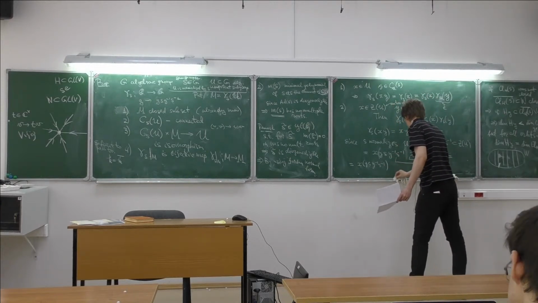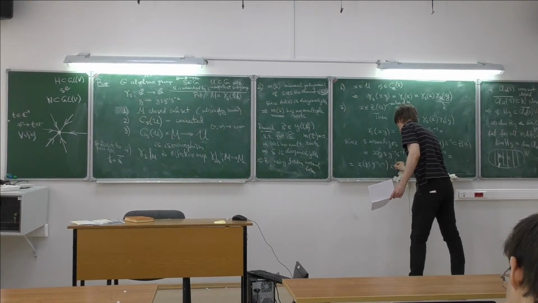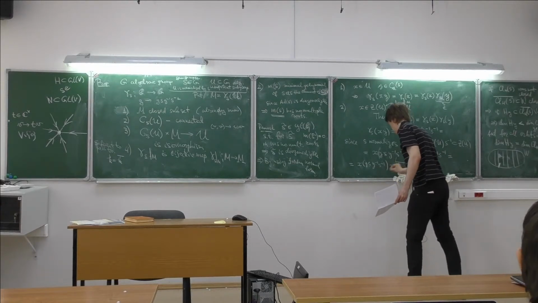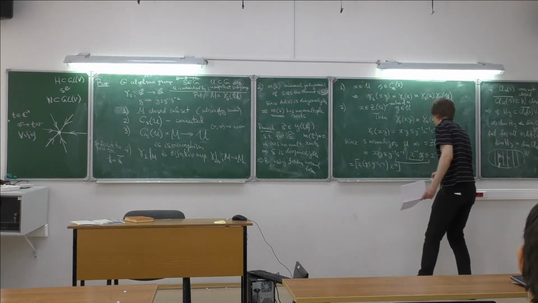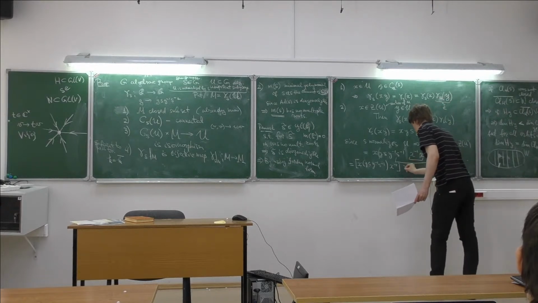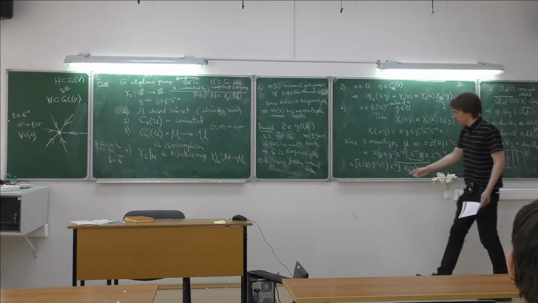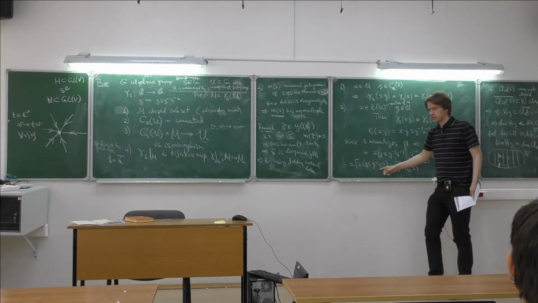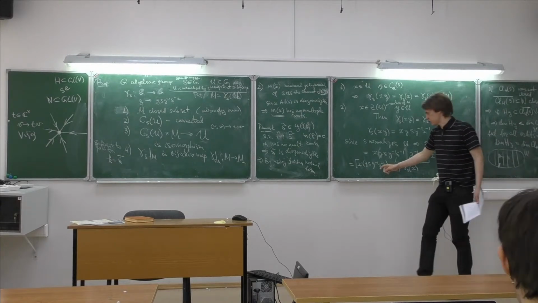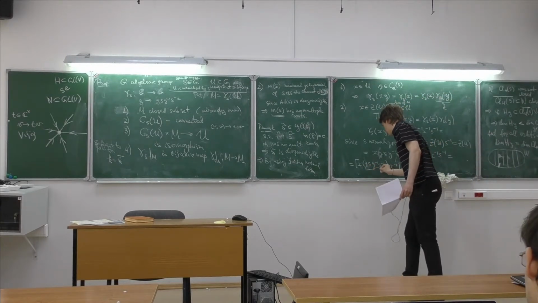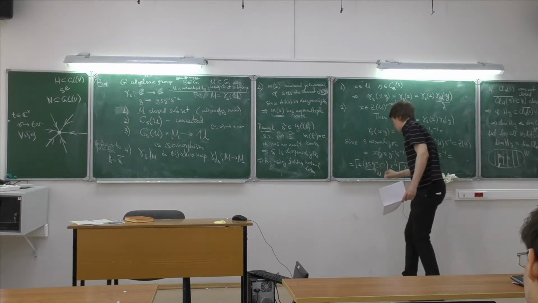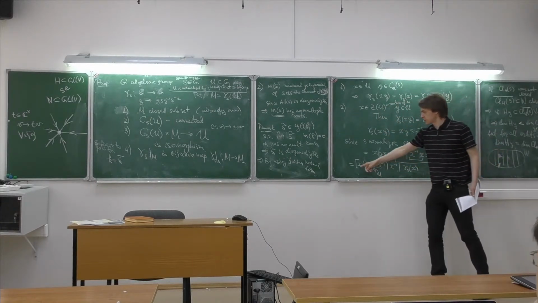So I put the brackets in this form. And here I can already put gamma s of x. And notice that this element is an element of U. And x is central.